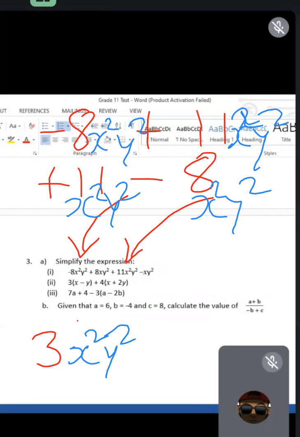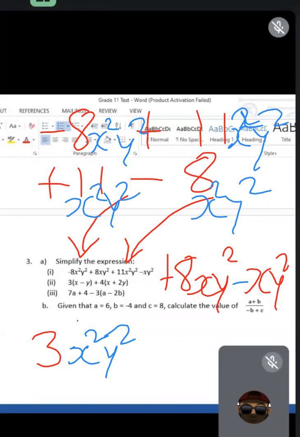Then you're going to have plus 8xy² minus one of those. And of course, any letter that you have by itself, there is a 1 in front of it.